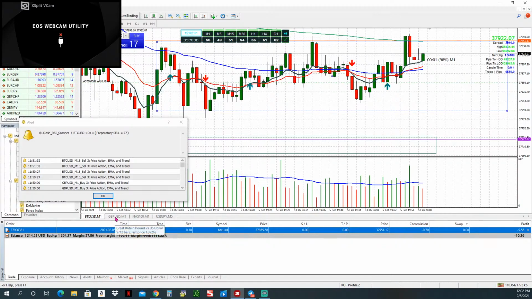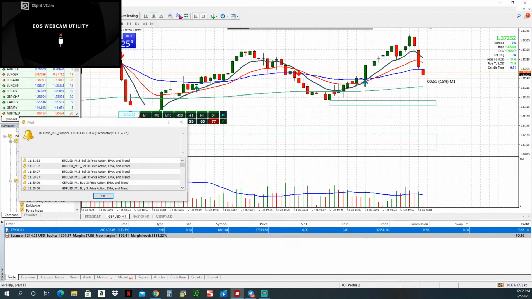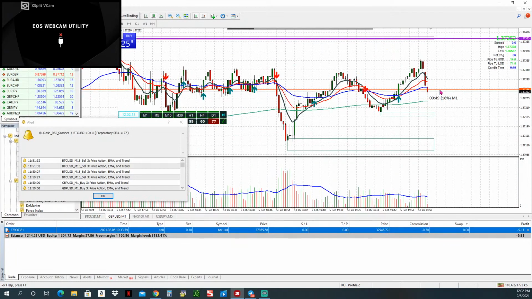Let's go back to GBP USD. Okay. KOF. I guess it took the original KOF and respected it. But it's not over. Like I said, it may do this range thing from here to here to here.